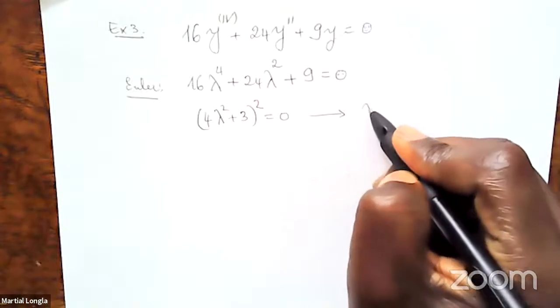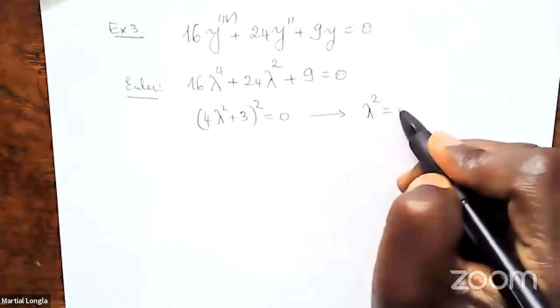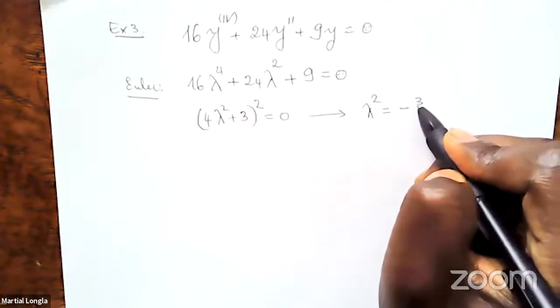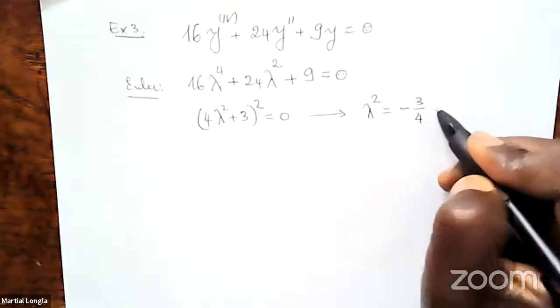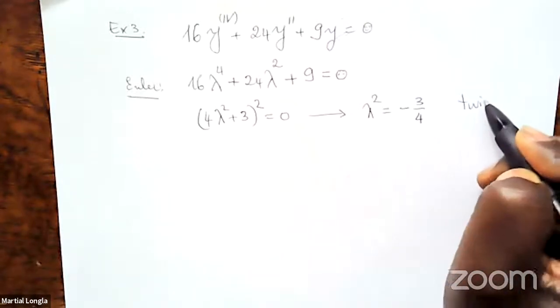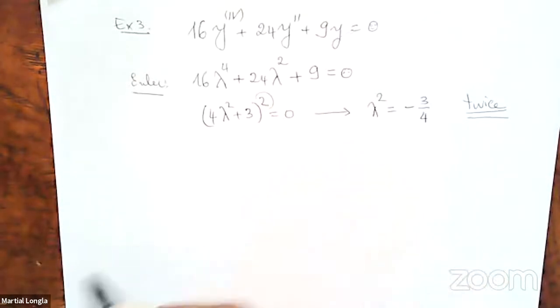So you get lambda squared equals minus 3/4, right? Yes. And this is twice because of this square. Does that make sense? So each of the roots is repeated.